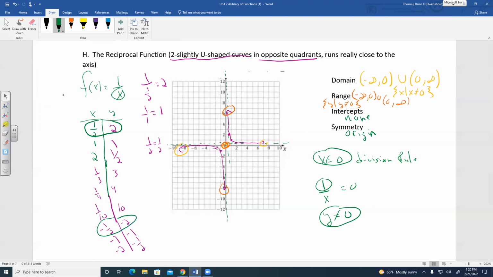Notice how the x and y values both switched, and that puts us across the origin. So you see this point here and this other point here, and they are reflecting across the origin. So we call that origin symmetry.